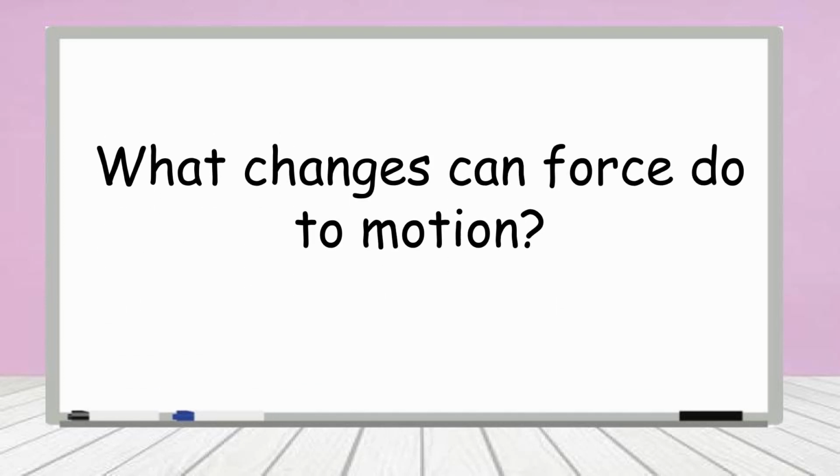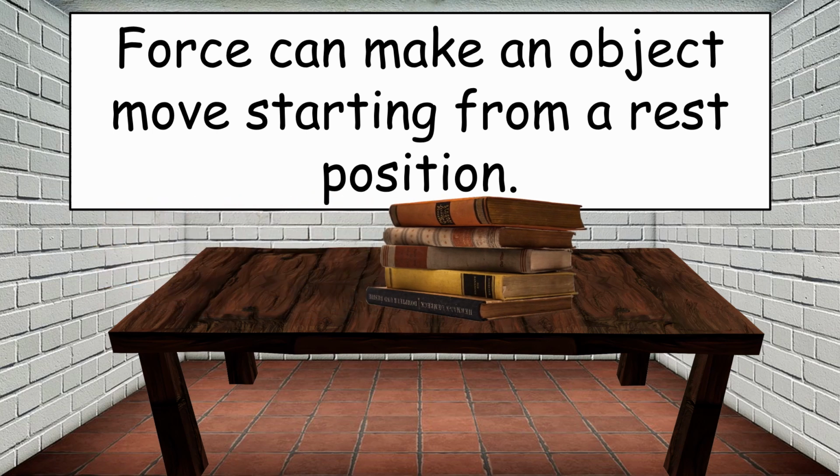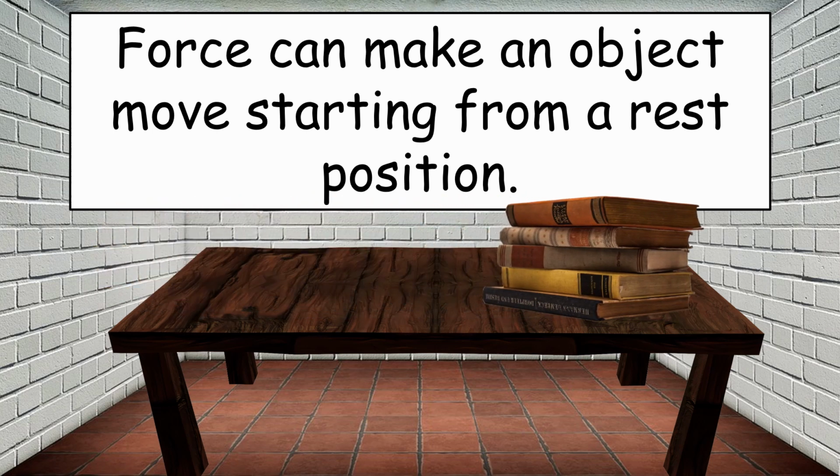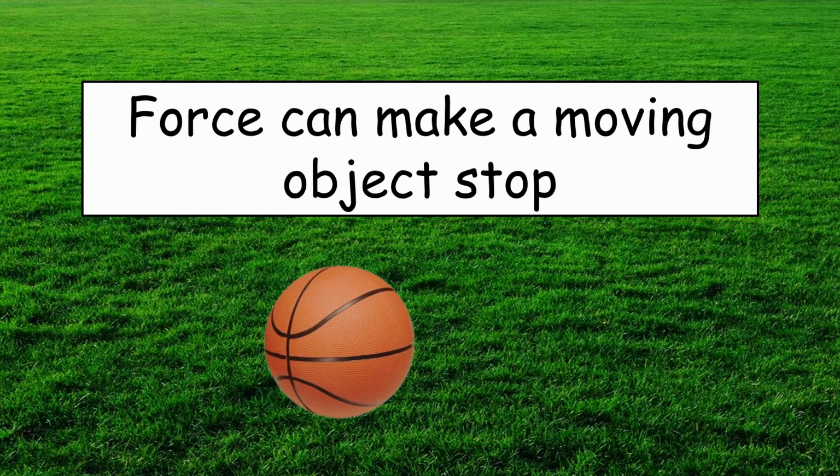What changes can force do to motion? Force can make an object move starting from a rest position. So from not moving, when you apply a force, the object can now move. Force can make a moving object stop. So we have here an example of a dribbling ball.